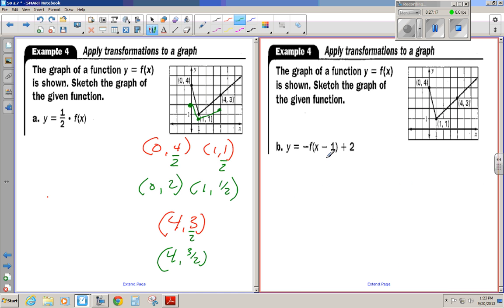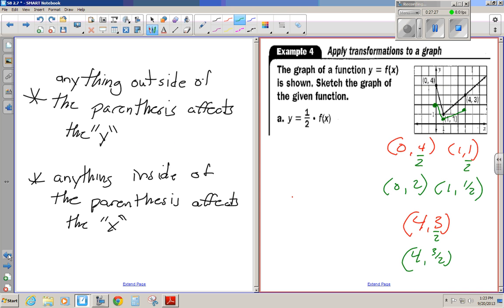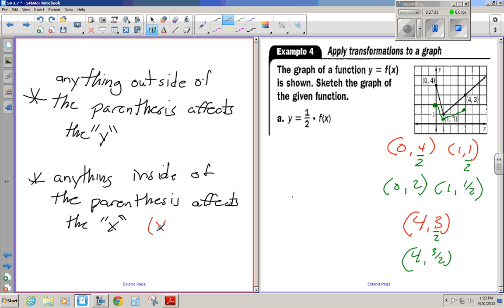All right, take a look at this. There's a bunch of stuff happening here. There's some things happening inside the parentheses now. So let's go back to this and let's add a little note here. When it's inside the parentheses, like x plus 2, you have to think, what makes this equal to 0? Well, a negative 2. So that is what you do to the x, is minus 2.